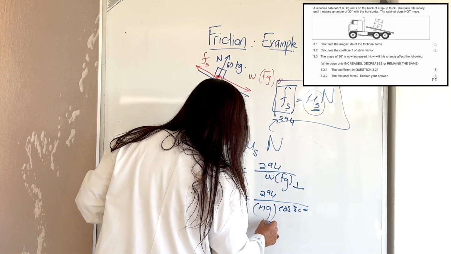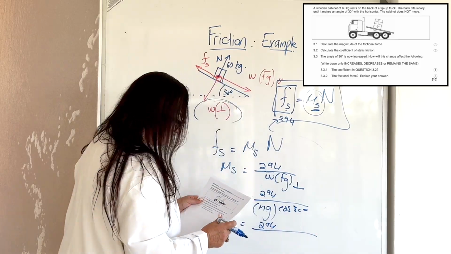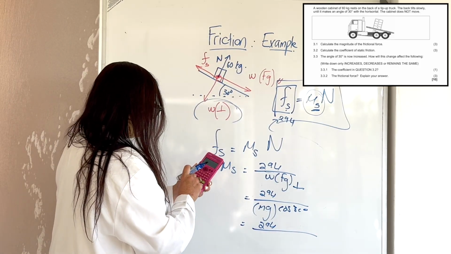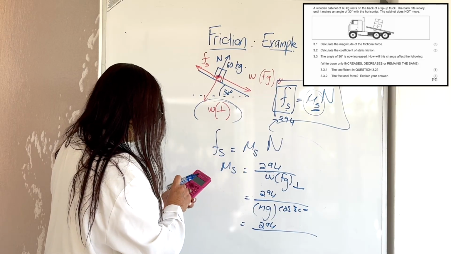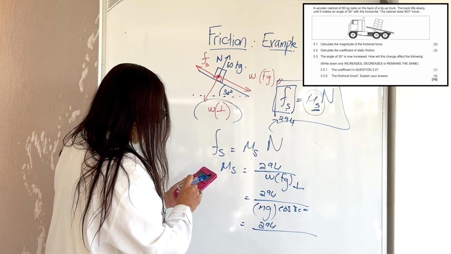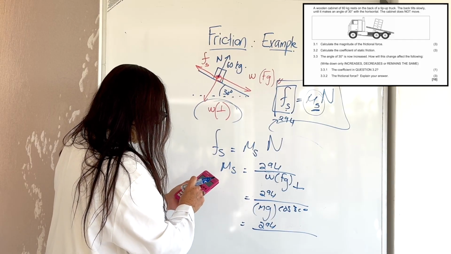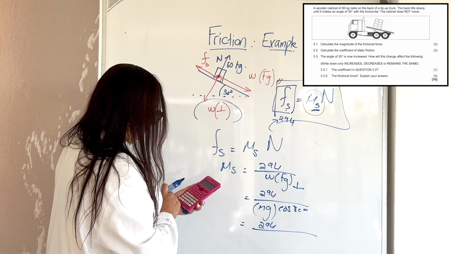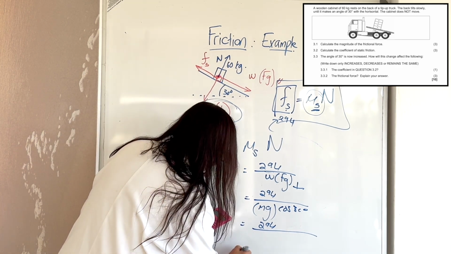So we've got 294 divided by the mass, which is 60, times 9,8 for the weight, times cos of the angle 30 degrees.